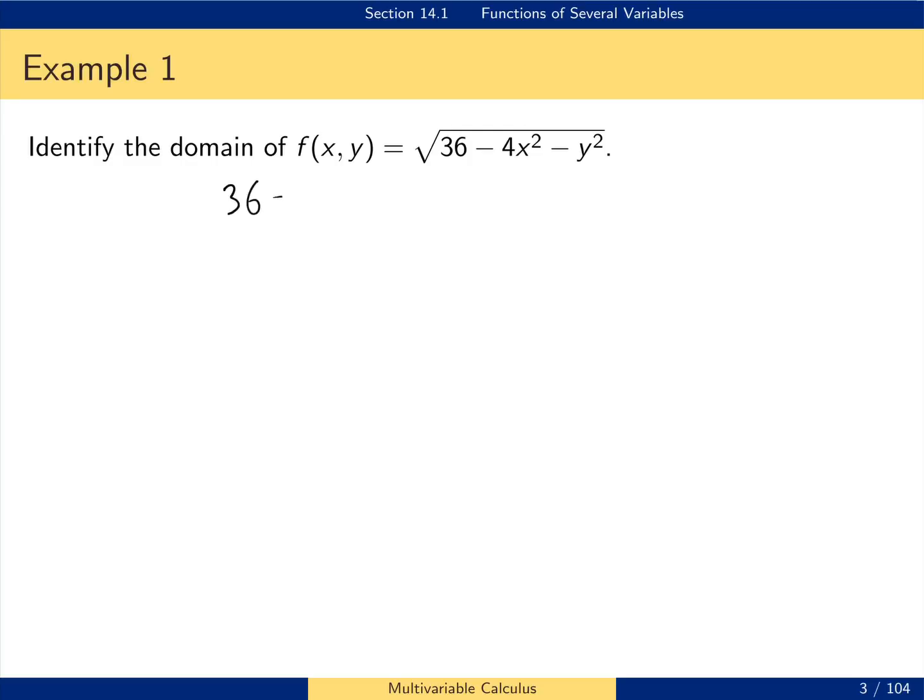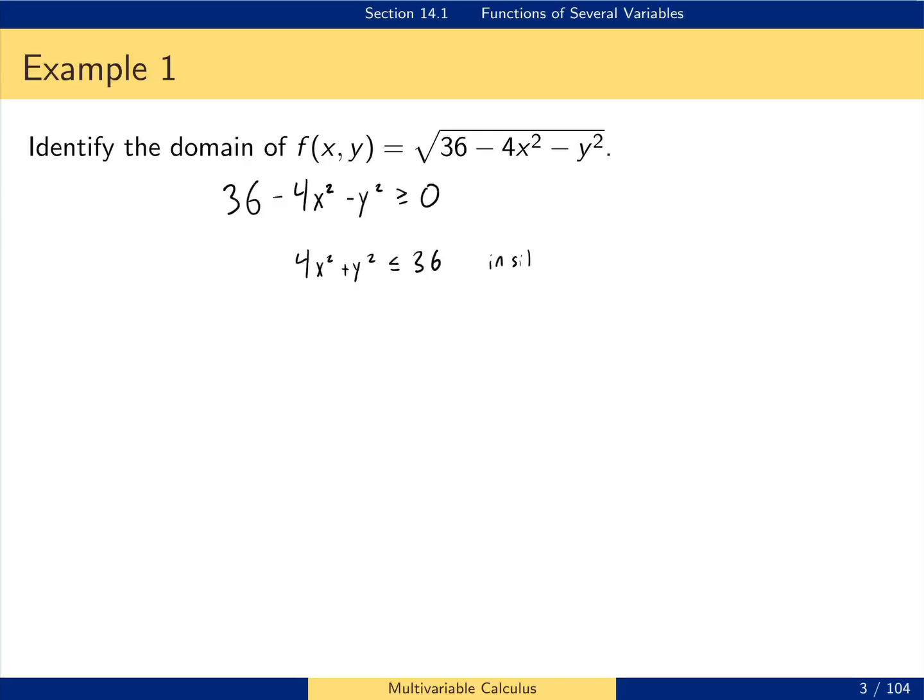We have 36 minus 4x squared minus y squared is greater than or equal to 0. That's a pretty good inequality describing the domain of this function. In order to make it into something we can recognize, we might want to write it a different way. For instance, we can write this as 4x squared plus y squared is less than or equal to 36. Do you recognize this inequality?